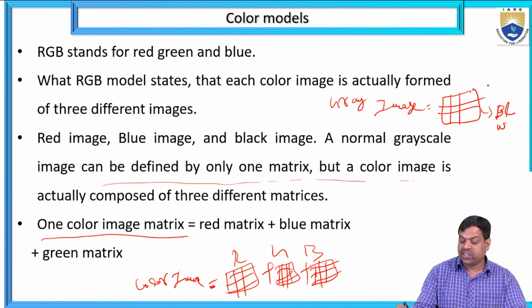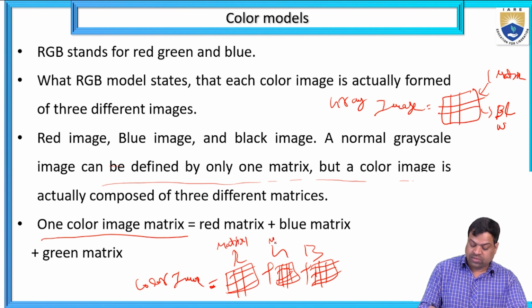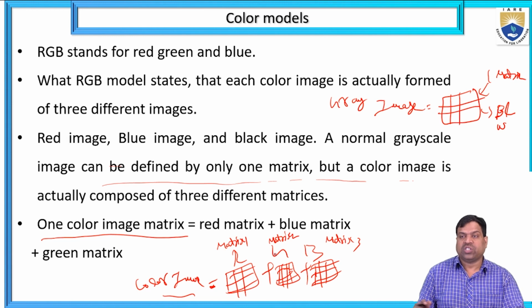But a color image is a combination of three matrices: matrix 1 is red, matrix 2 is green, matrix 3 is blue, RGB. A grayscale matrix is only one matrix, with black and white pixels.